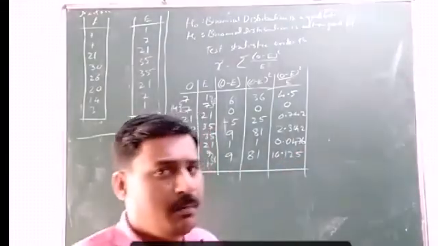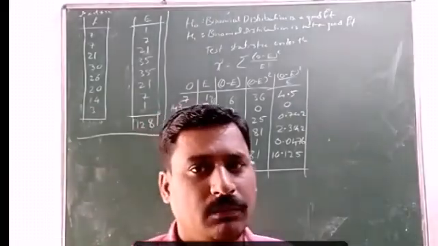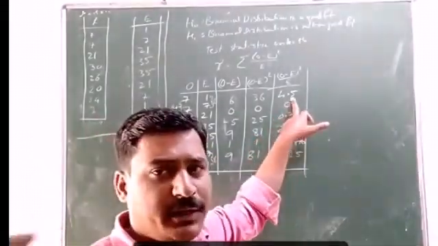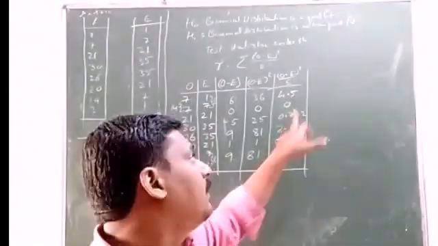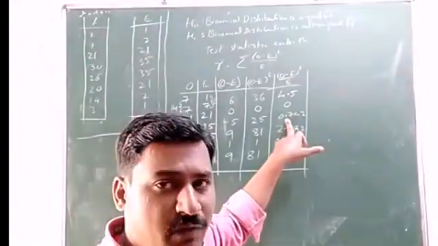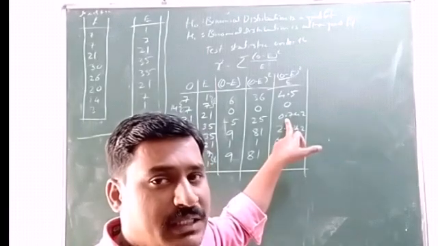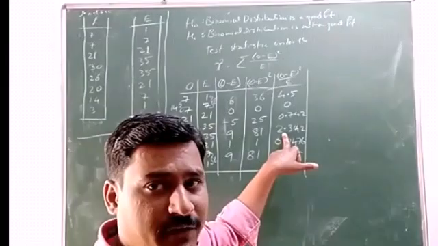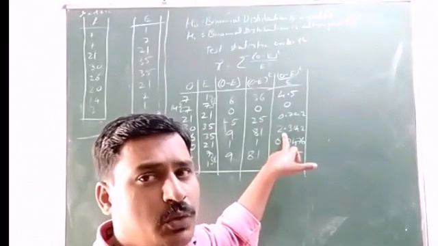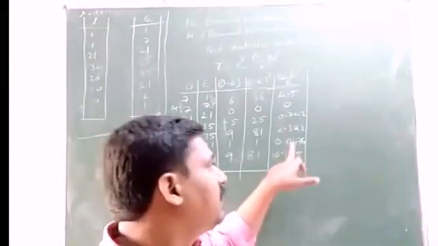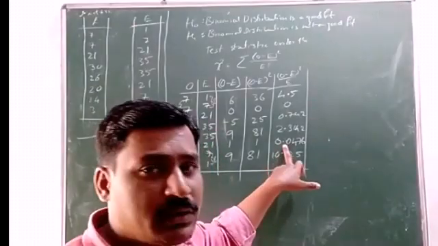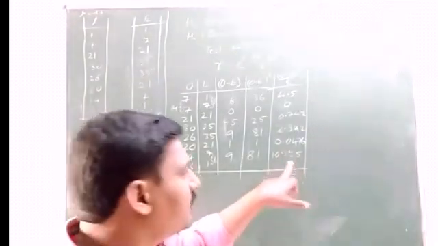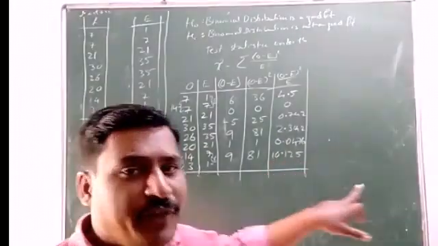Okay, now make the total. 4.5 plus 0.7142 plus 0.7142 plus 2.3142 plus 0.0476 plus 10.125.